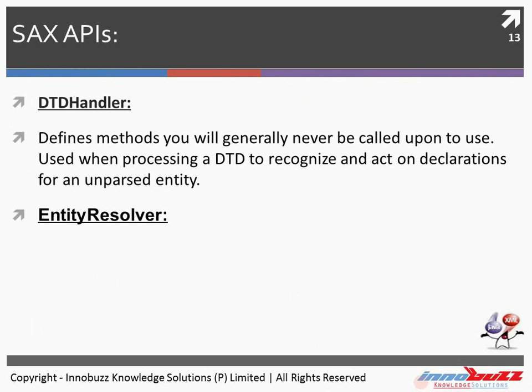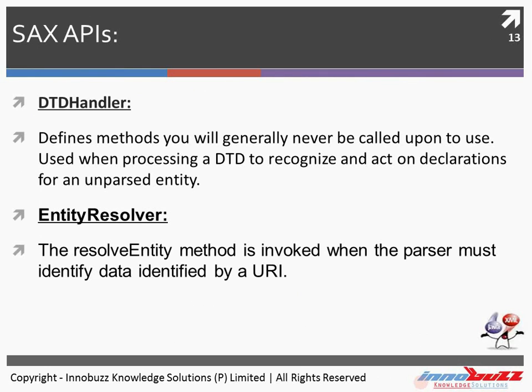Entity resolver. The resolve entity method is invoked when the parser must identify data identified by a URI. In most cases, a URI is simply a URL, Uniform Resource Locator, which specifies the location of a document, but in some cases, the document may be identified by a public identifier, a name that is unique in the web space.